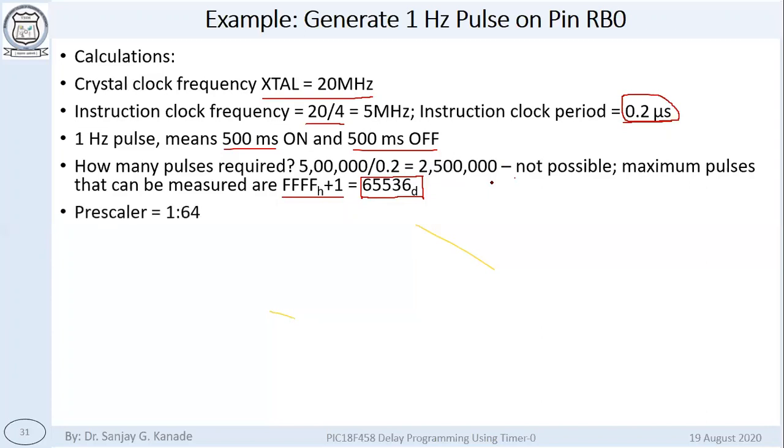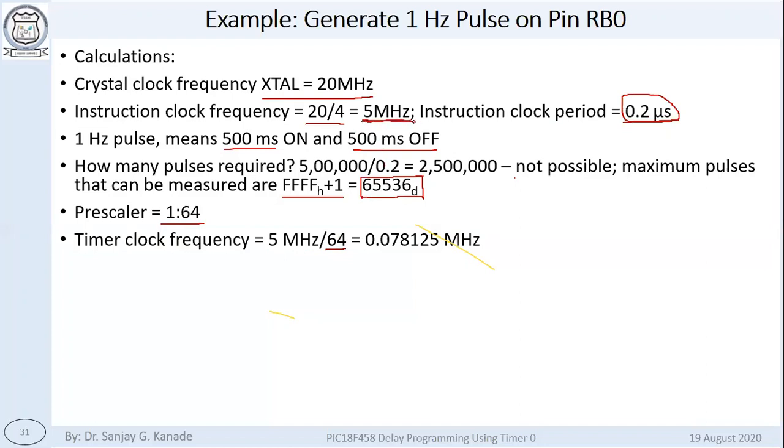Therefore we will use a prescaler, and from our calculations we can say that now we need a 1:64 prescaler, so that the timer clock frequency gets again divided by 64. We had found out that the basic timer clock frequency, or the instruction clock frequency, is 5 megahertz. When we use the prescaler, it again gets divided by 64. So the frequency is this much, and the timer clock period is now 12.8 microseconds, right?